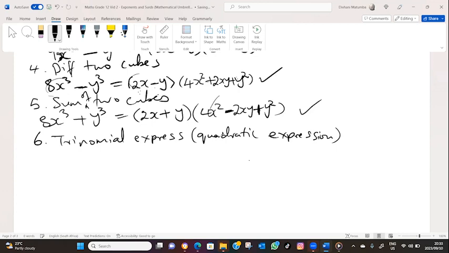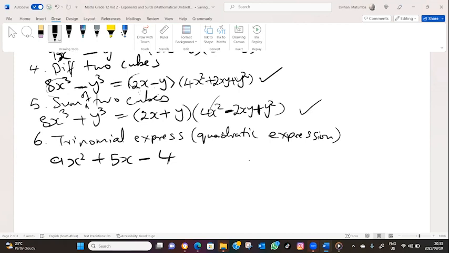All right, we'll give you an example. If we have 9x squared plus 5x minus 4, how do we factorize this one?